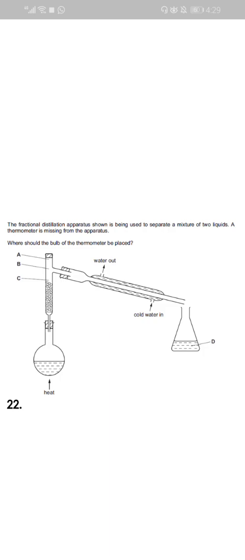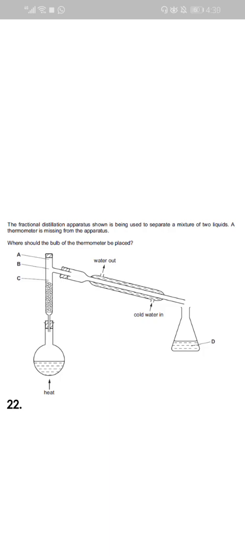It should not be at point A because point A is very high up. Maybe the vapors do not approach that point. They directly move to the tunnel, the exterior of the Liebig condenser. So that is not the position where the thermometer should be placed.